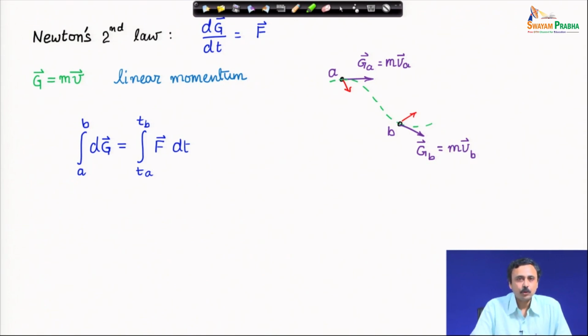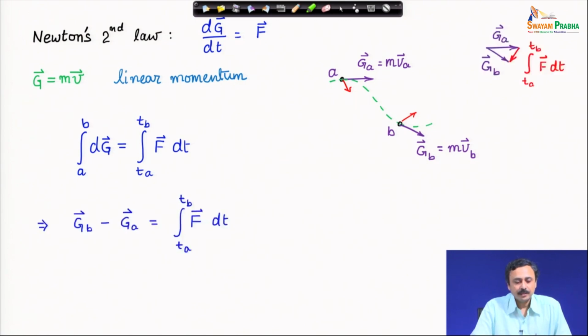The left hand side is a total derivative. Therefore, I can write the change of linear momentum, G_B, the linear momentum at B, minus the linear momentum at A. So, this is the left hand side.